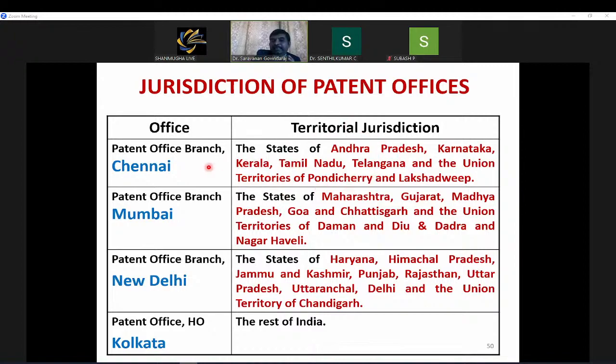They can contact the Chennai branch office. So Andhra Pradesh, Karnataka, Kerala, Tamil Nadu, Telangana, Pondicherry, Union Territory and Lakshadweep can all file a patent in the Chennai office. Similarly, there are territorial jurisdictions for Mumbai and for New Delhi, and if anything is not covered in these, the rest of India can directly file in the head office in Kolkata.